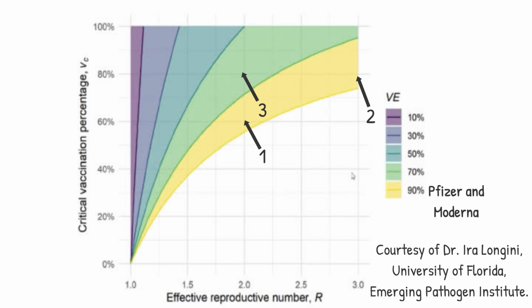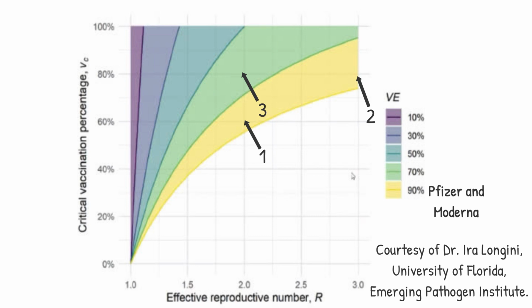Second, the graph shows the higher the efficacy of the vaccine, the lower the percentage of the population that needs to be vaccinated. Arrow 1 shows that for an efficacy of 90% and an R0 of 2, 60% need to be vaccinated, while for a vaccine with 70% efficacy, for the same R0, 80% would need to be vaccinated, arrow 3.